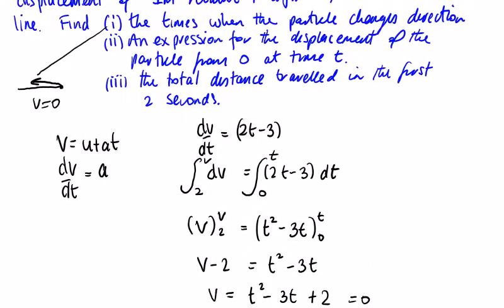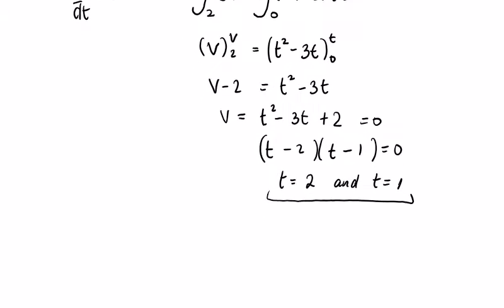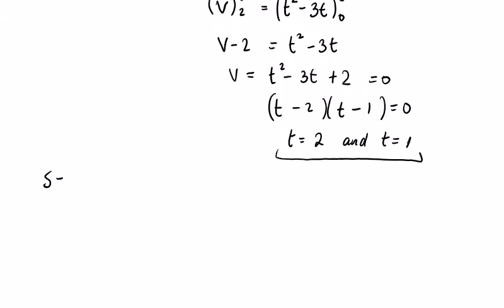Part 2, an expression for the displacement. So we want s of the particle from O at time t. Let's see what we have here. We know ds/dt is equal to velocity, and we have velocity up here.